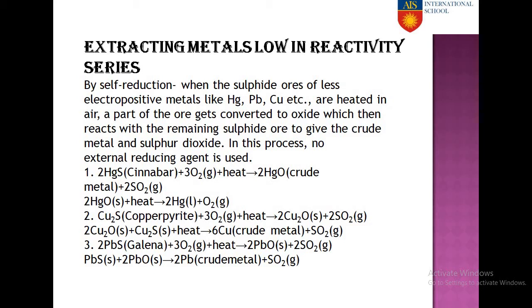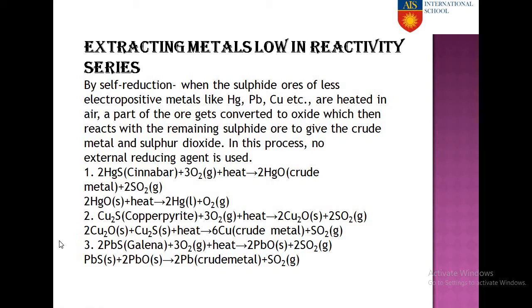When the sulfide ores of less electropositive elements like HgS, PbS and CuS are heated in air, part of the ore gets converted into oxide, which then reacts with the remaining sulfide ore to give the crude metal. So no external reducing agent is needed in this case.